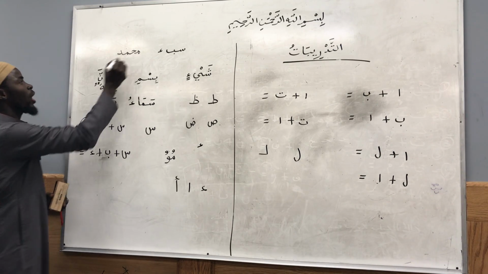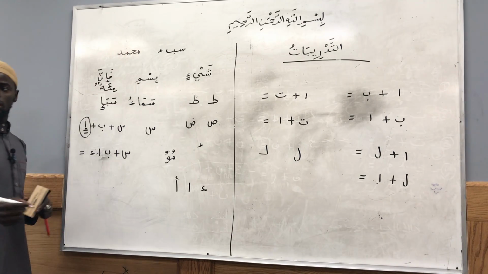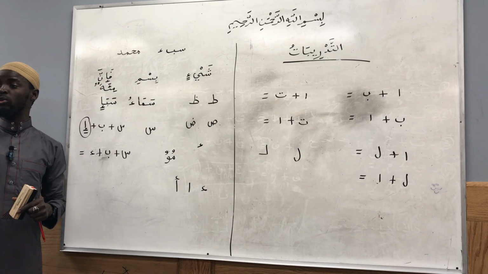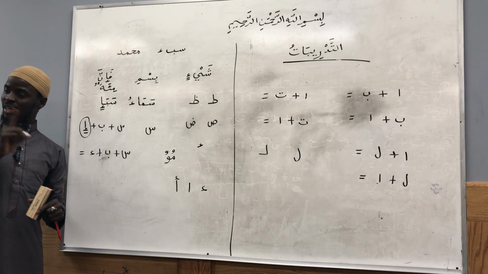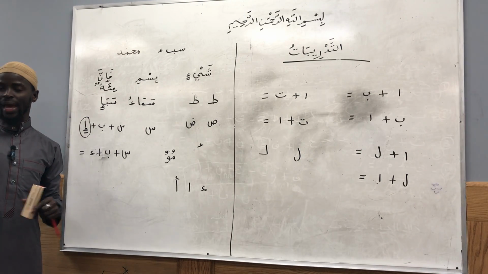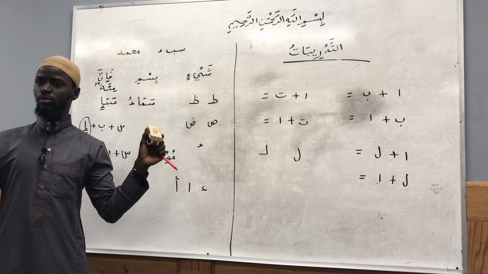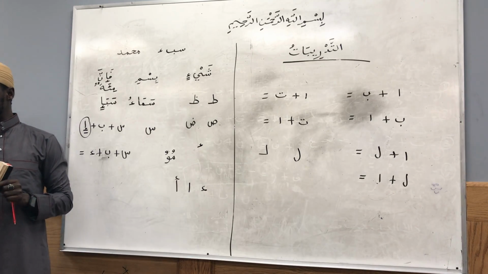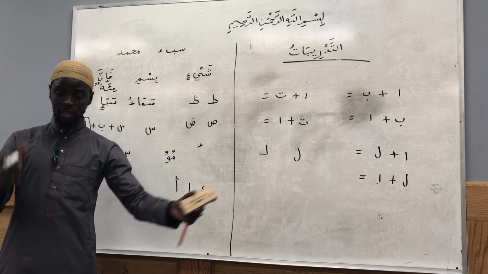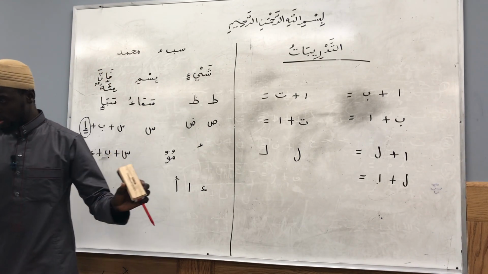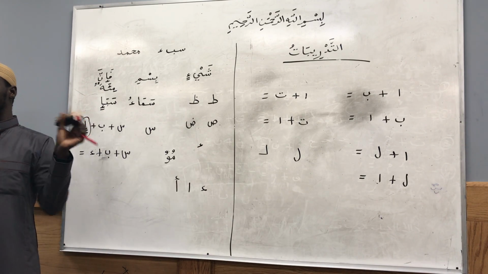How can you read Muhammad without the vowel? You have to know the word Muhammad because it's not going to change. Never. Anywhere if you see the word Muhammad, it's the same thing. Reading in the Quran or outside the Quran, in this book, the word is Muhammad. It's not going to change.